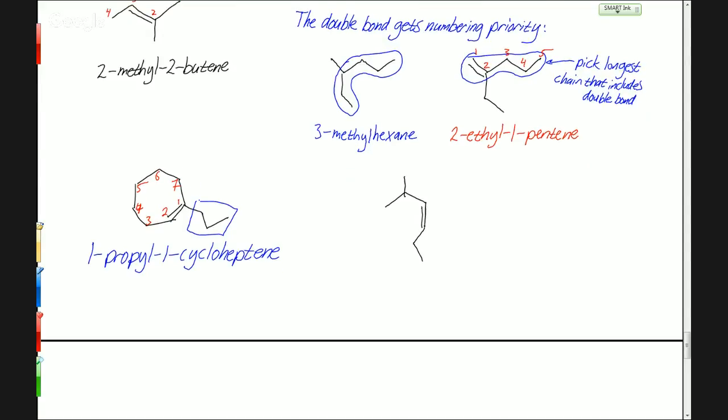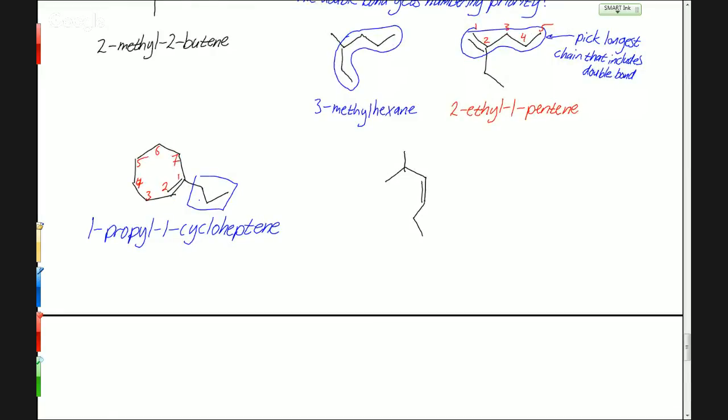All right. And this next one we can do together. How big is the longest chain? 6. Right. It's like this, right? 1, 2, 3, 4, 5, 6. Now we're okay because the double bond is part of that chain. And normally the double bond would get priority. So whatever gets the double bond the lowest number, that's the way we have to go. In this case, it doesn't matter because the double bond's right in the middle.